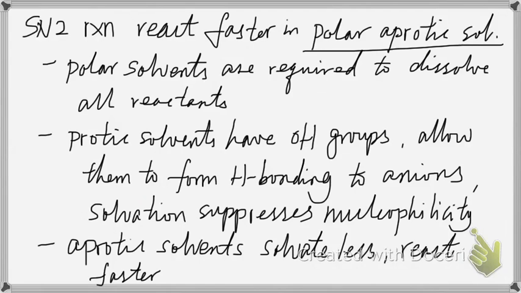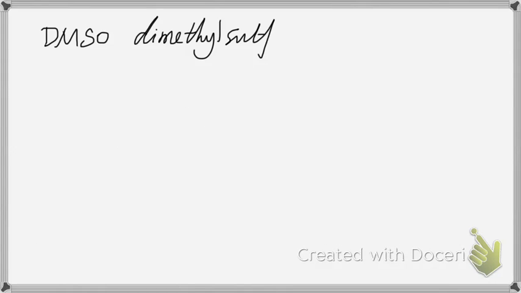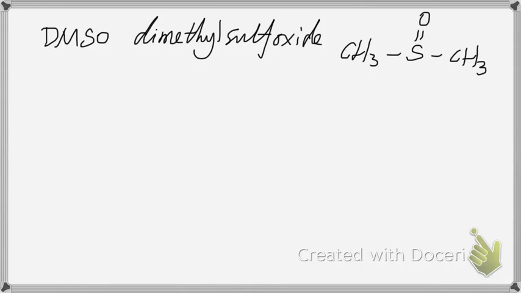We have learned some protic solvents, water, alcohols, right? Here I just want to give you some examples of the polar aprotic solvents. The first one is DMSO, dimethyl sulfoxide. And here is the structure, 2 methyl groups attached to the sulfur-oxygen double bond.